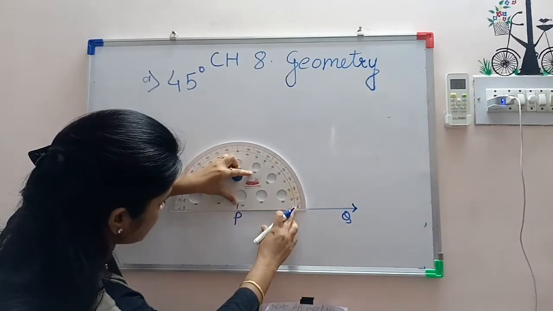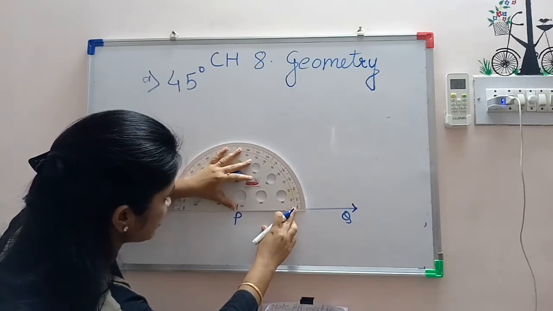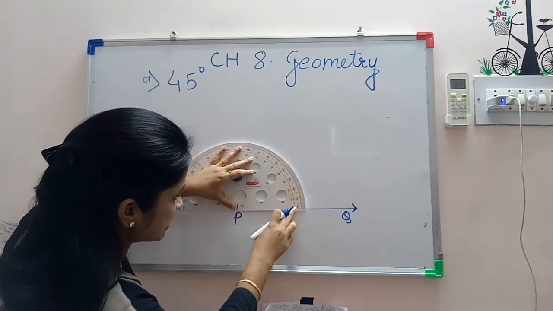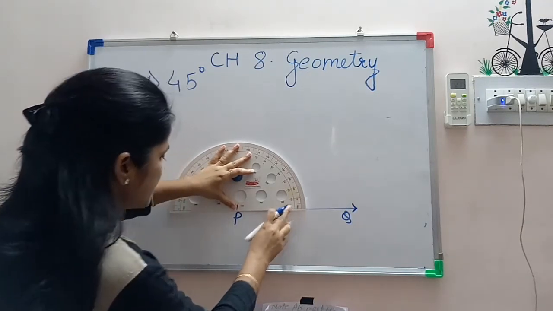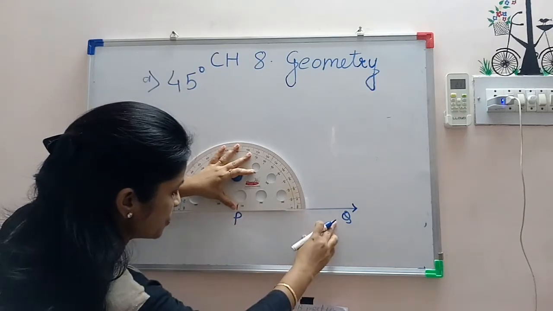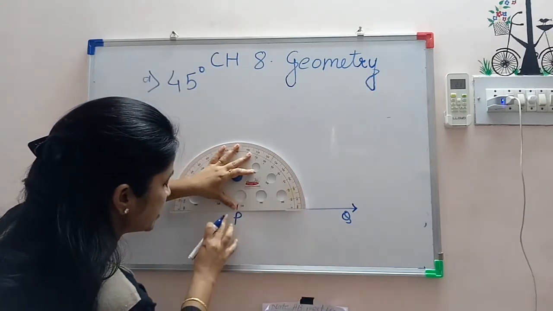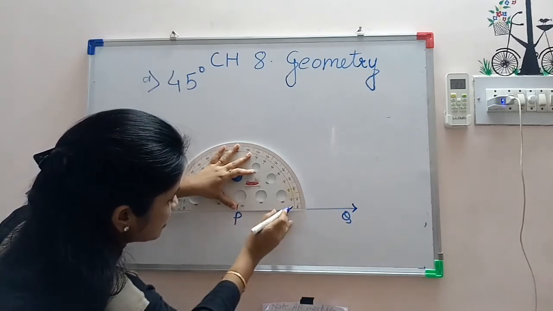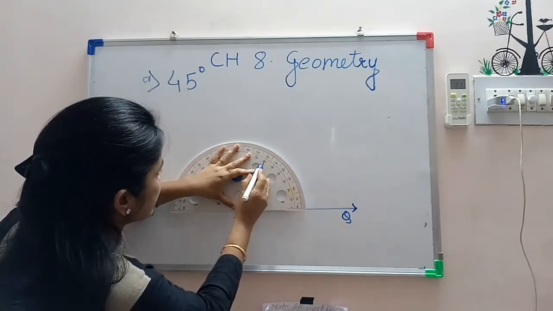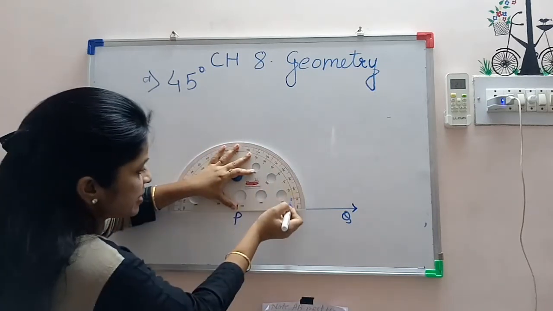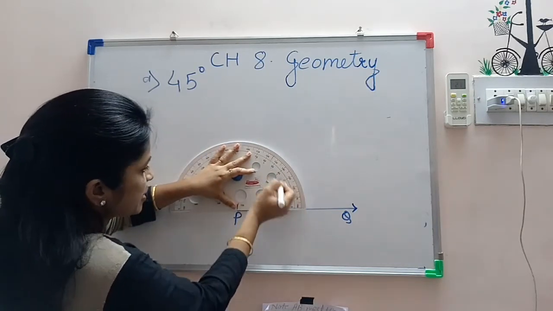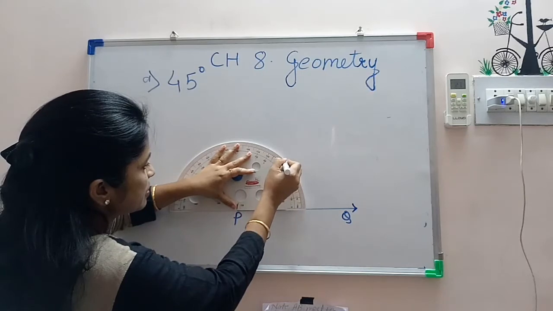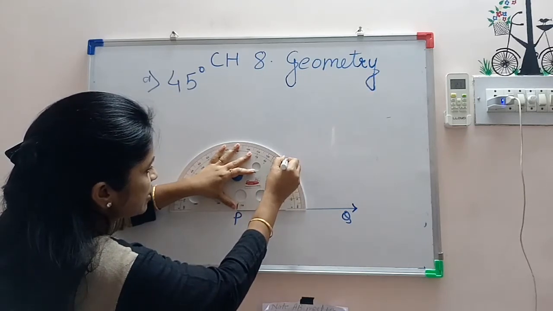We'll adjust the baseline and the center on the ray. After that, we'll note that PQ meets the 0 degree point on the baseline along with the inner scale and we'll mark 45 degree. Now 45 degree is between 50 and 40, one line is there, that is 45.